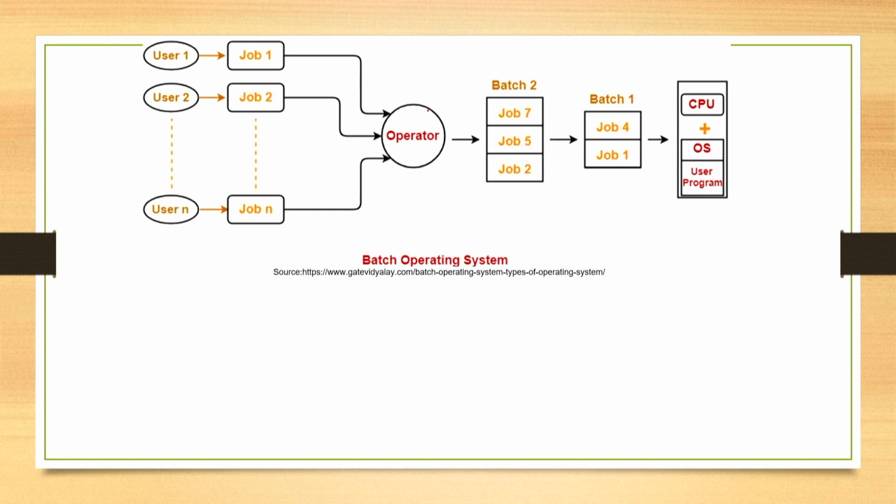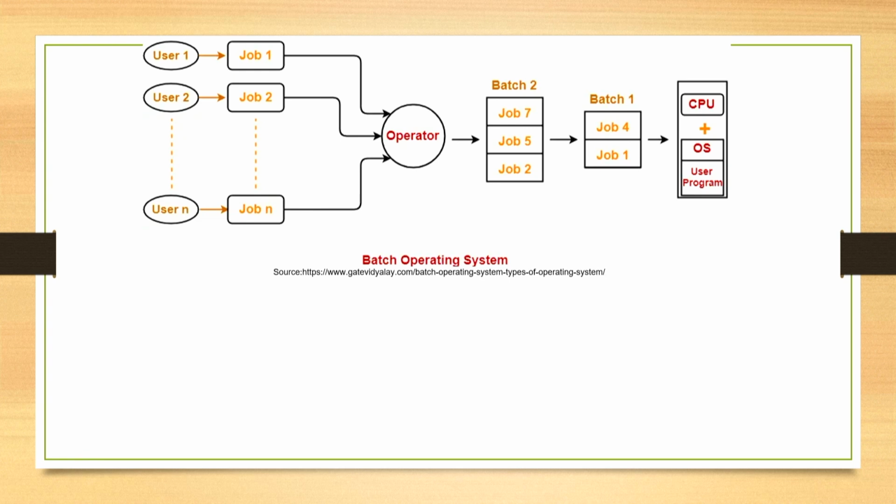The computer operator first collects these jobs and forms batches of the jobs according to the type of programs. Similar type of jobs are grouped in one batch, and then the operator will give it to the computer for its execution.